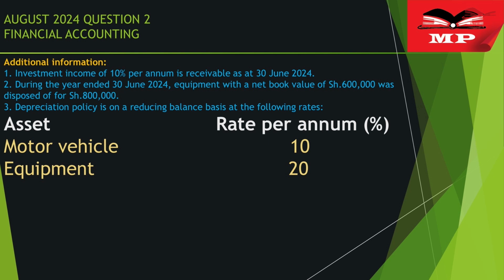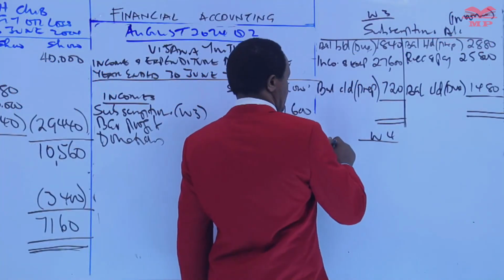We need to calculate the equipment disposal account. We need an equipment disposal account. Equipment disposal account, this is working number 4.